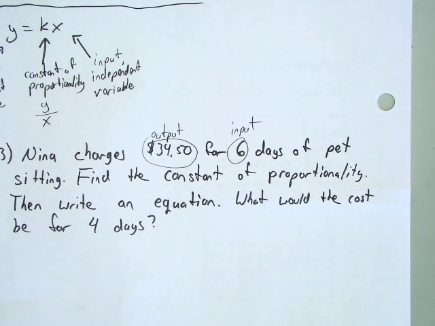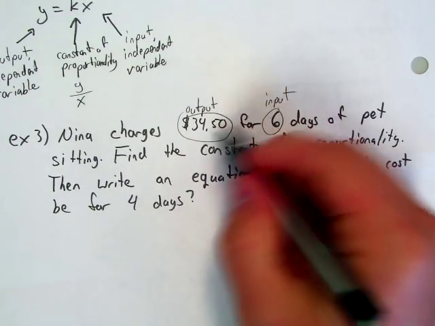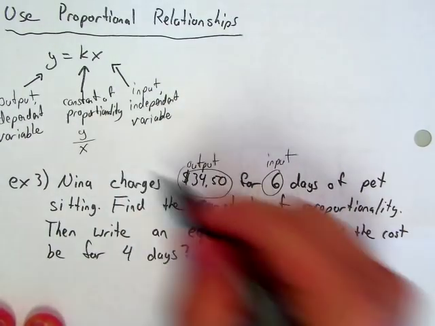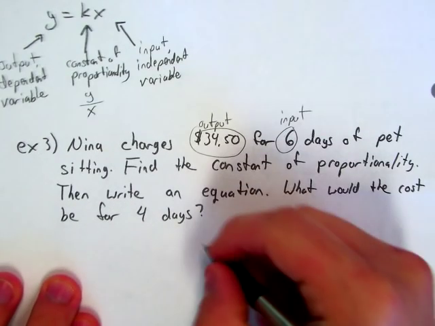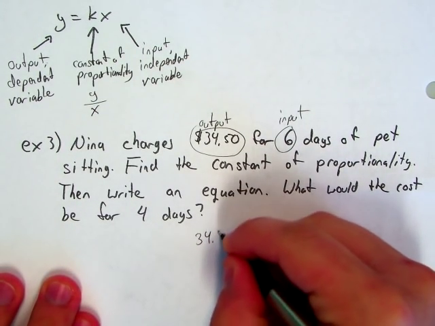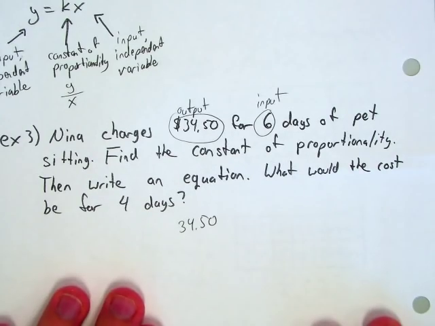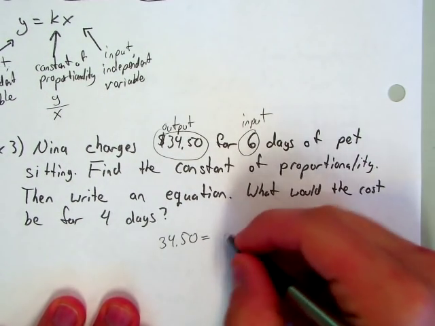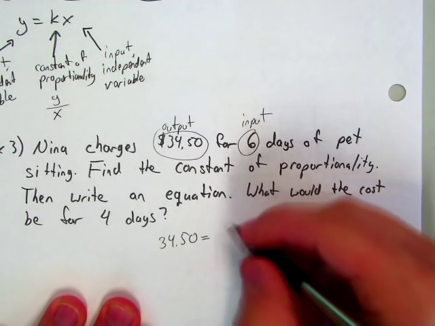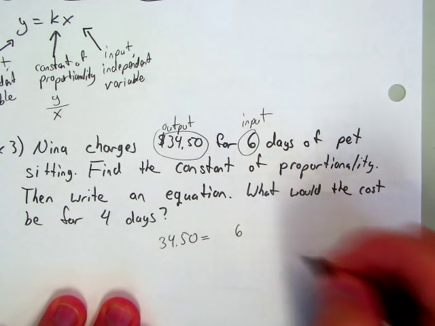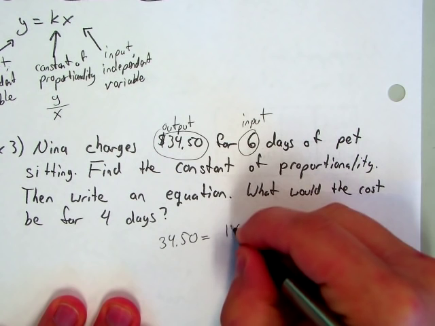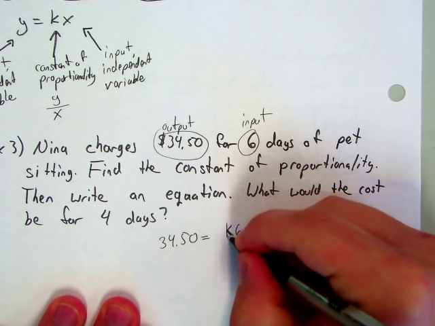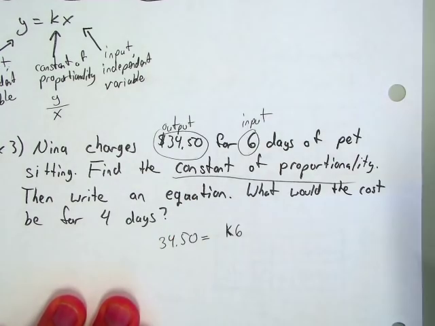So in order for me to figure this out, I would start substituting these numbers in where the variables go. So my output is y. So I'm going to substitute y for $34.50 equals 6 is my input. So I'm going to substitute that right here, and k is the only thing that I'm looking for, which makes sense because it said to find that.